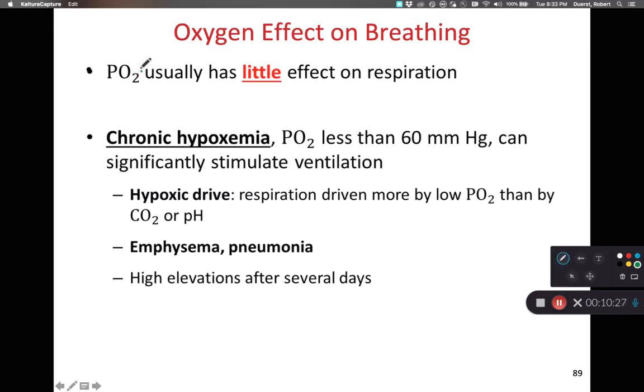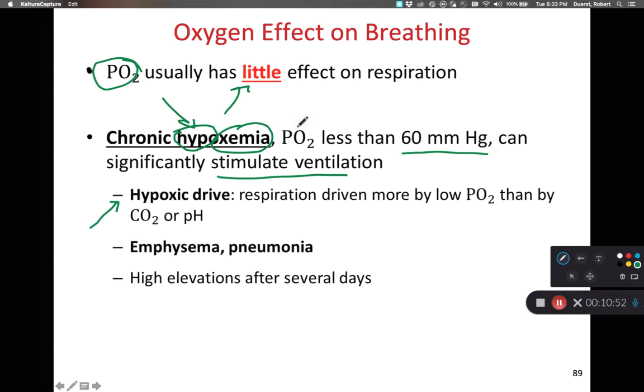As we look at blood oxygen levels, it has very little effect on respiration. We can have chronic hypoxia. This is chronic low oxygen. If our oxygen levels are less than 60 millimeters of mercury for a significant amount of time, that can cause us to have ventilation increased. This is known as hypoxic drive.